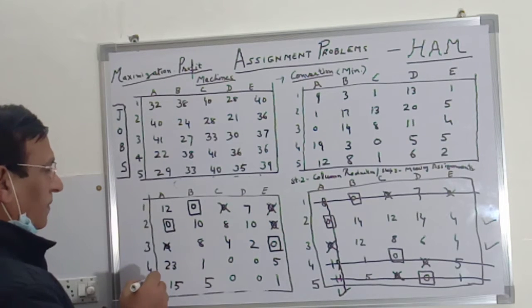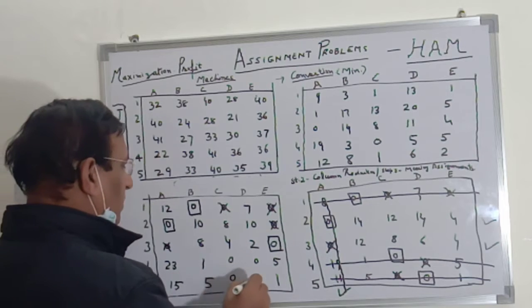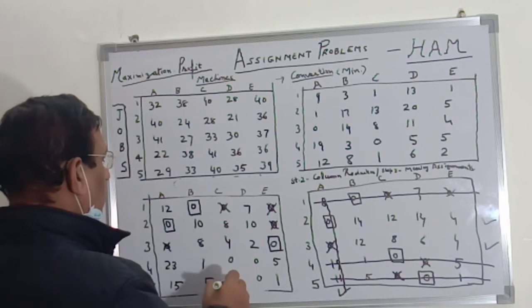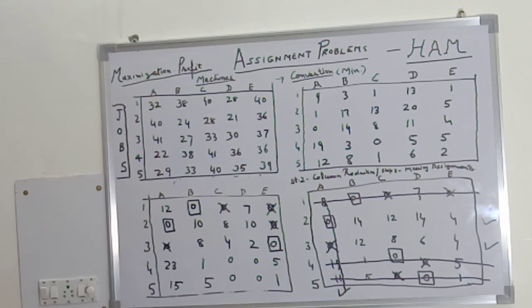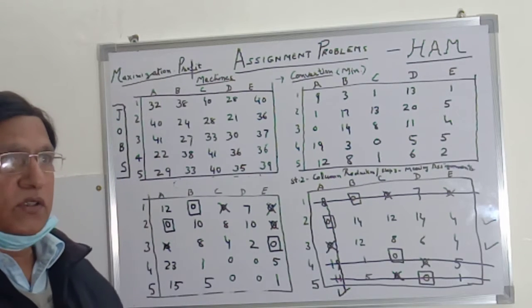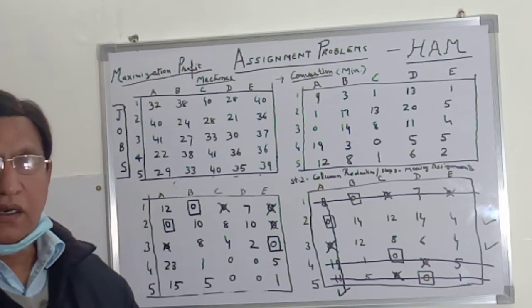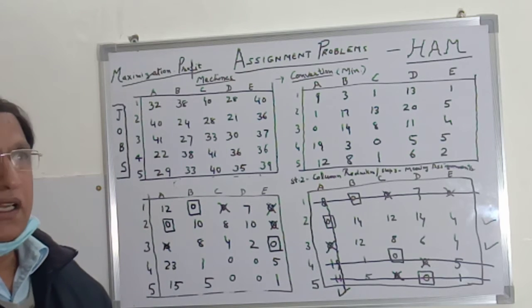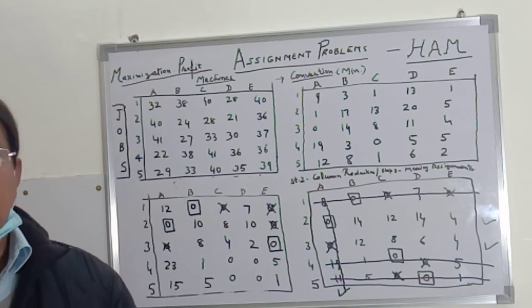Now again, in the fourth row there are 2 zeros, fifth row 2 zeros, third column 2 0, and fourth column 2 0, and still we require 2 more assignments. Again here is an alternative. It is very likely that you get stuck, but you have to make an alternative choice, and then it is always better to give first preference to row wise assignment.